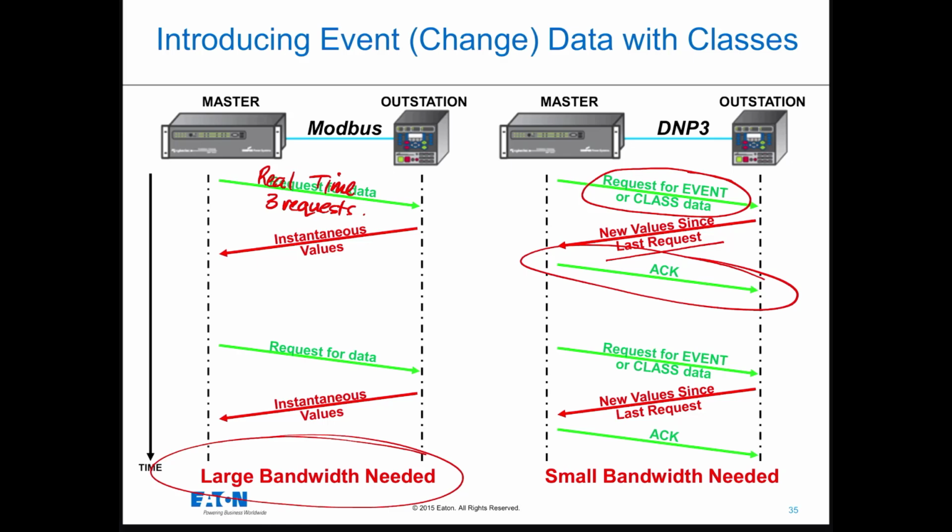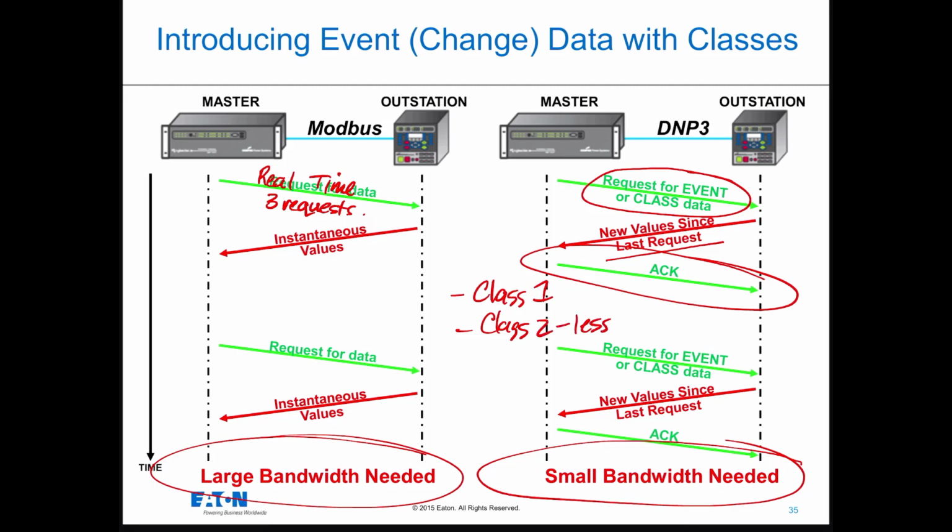So you can see how this is far more efficient, because in most cases there are probably no events, and specifically no events in class 1. So if you regularly went around and asked for class 1 events, and then came around to class 2 events less often, and then class 3 rarely, you're really maximizing the use of your bandwidth.